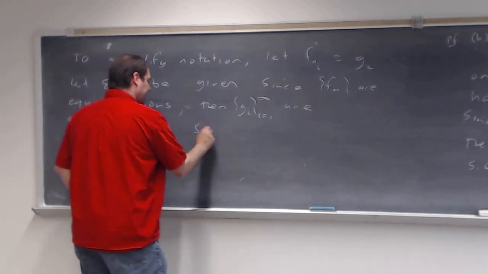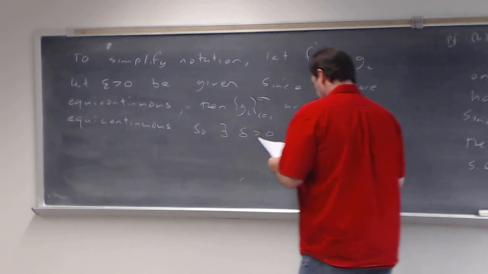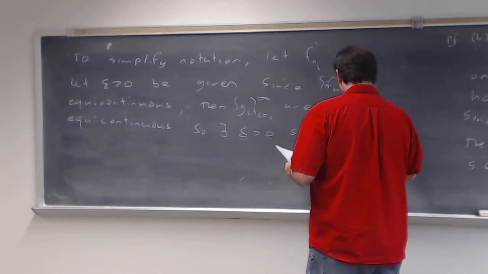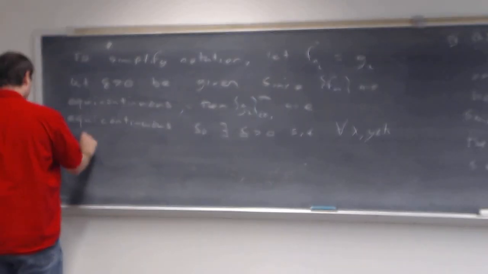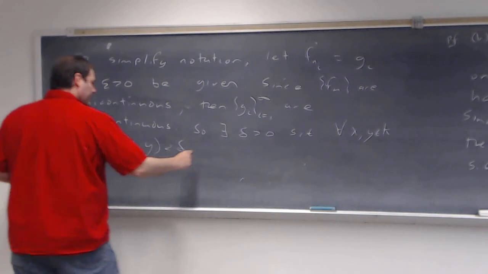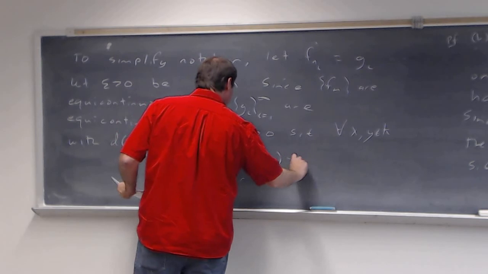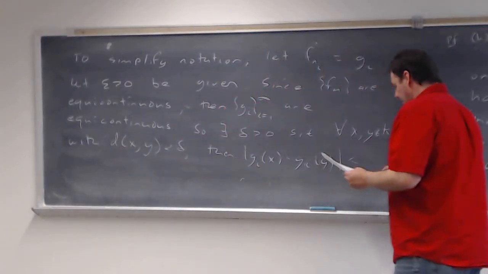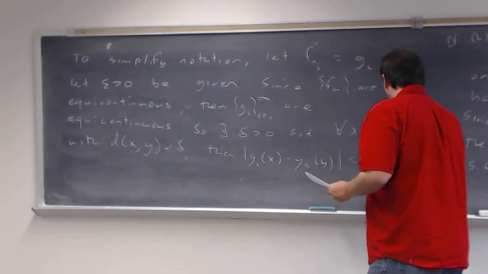So, by definition, there exists a delta bigger than 0 such that for all x and y in K with the distance between x and y being less than delta, then |g_i(x) - g_i(y)| will be less than, well, anything that I'd like, so I'll say epsilon over 3. And that's true for all i.